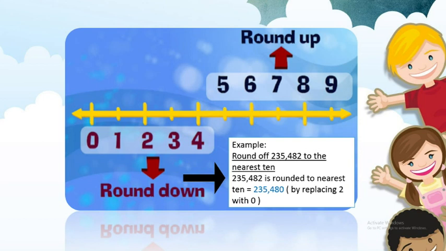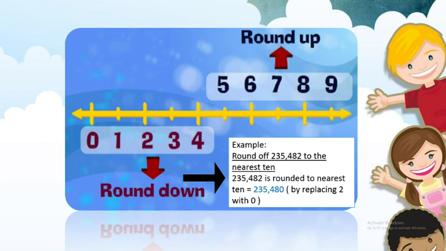235,482 to the nearest 10. At first, students, you have to find out the place value and the next number. In this number, the place value of tens is 8 and the next number is 2, right? So you have to circle 8 and underline 2, and then round to the nearest 10.